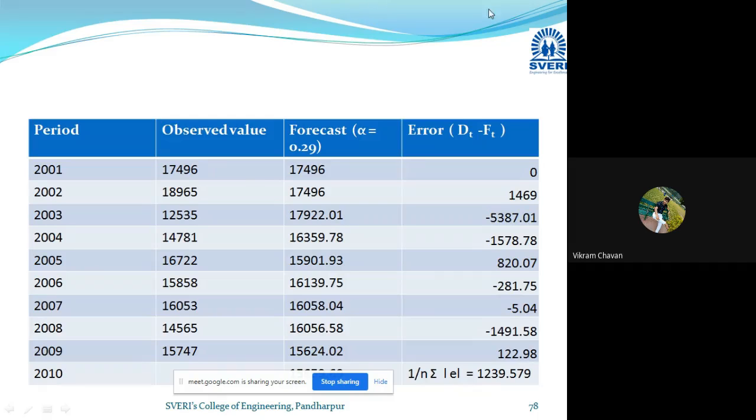D suffix t minus 1 is 17,496 and F of t minus 1 is also 17,496. Just put these two values and the alpha value in the formula, and you will get the next year forecasting. Tell me in the chat box what value you are getting.